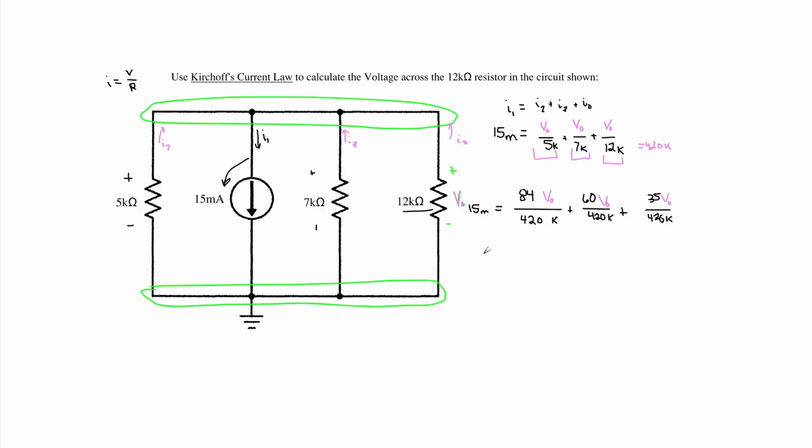Simplifying these equations, we have 15 milliamps is equal to 84 plus 60 plus 35, that gives us 179 V naught over 420K.